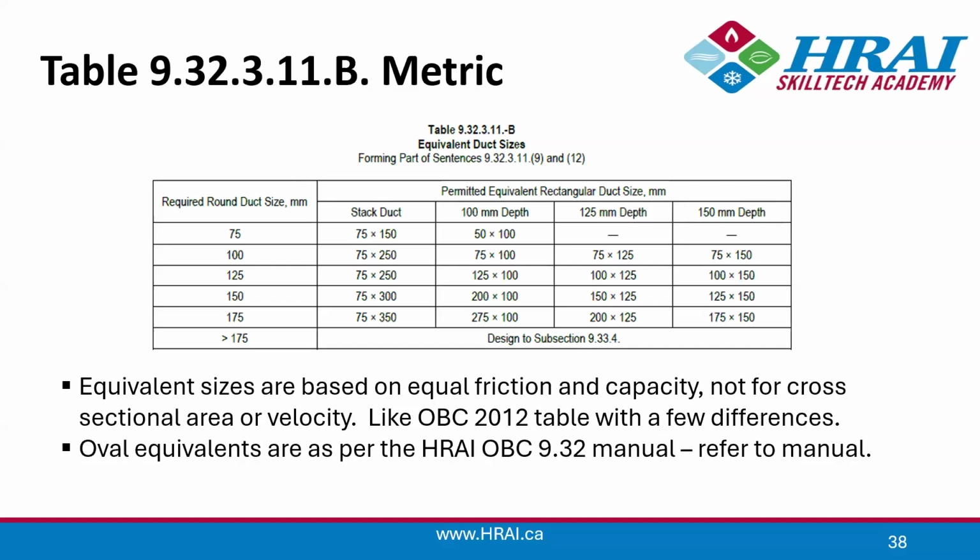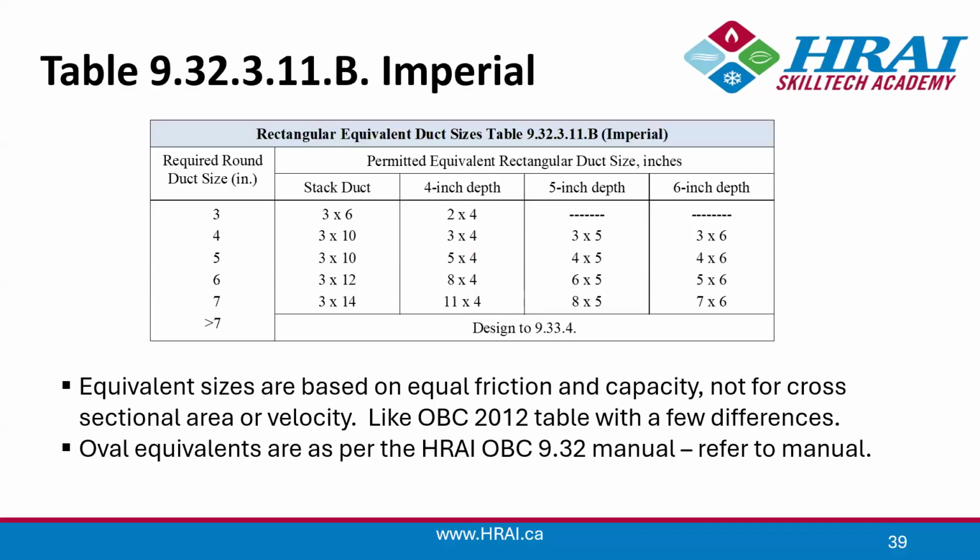You've got a nice round pipe, it makes everything flow well. So that's all taken into consideration when we do that. And then oval equivalents, there's a table in the 932 manual, the new one, and you can take a look at that or follow manufacturer's instructions, of course. And there's our imperial version.